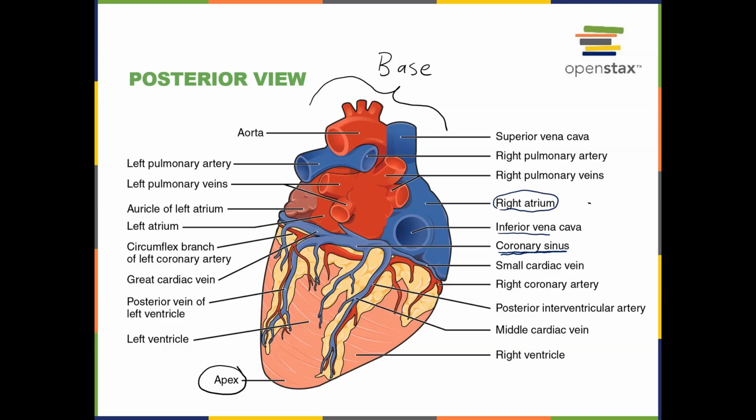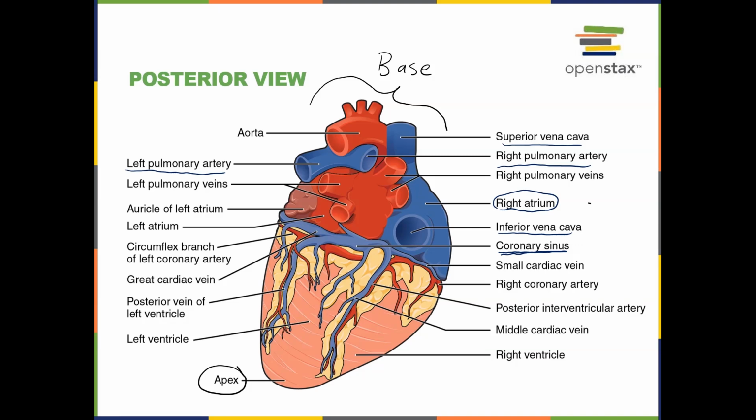The inferior vena cava, the superior vena cava, and the coronary sinus are the veins that return deoxygenated blood to the right atrium. Blood flows from the right atrium down into the right ventricle and then into the pulmonary trunk to the lungs, where it becomes oxygenated.